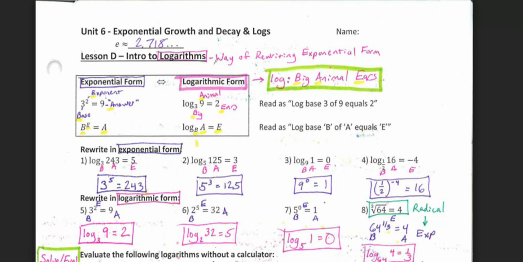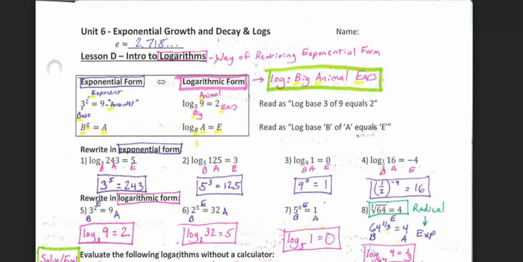The animal is my answer, 9, and then the ears is my exponent of 2. So anytime you have that word log, it goes in the order of big, base, animal, answer, ears, exponent. So log sub B, A equals E.